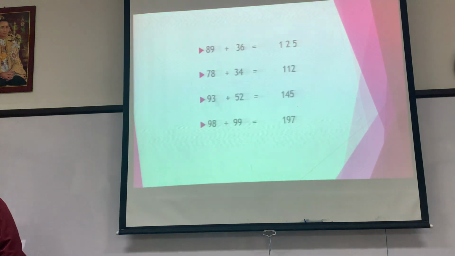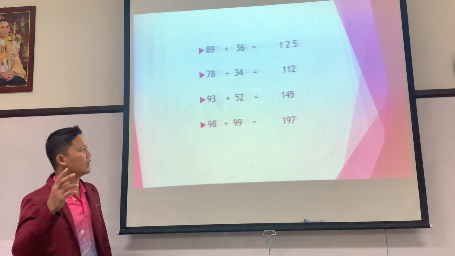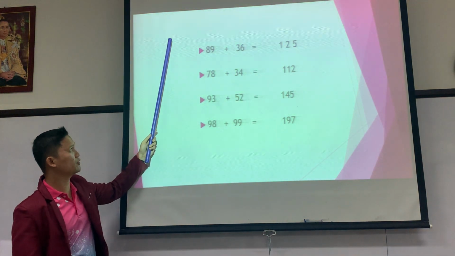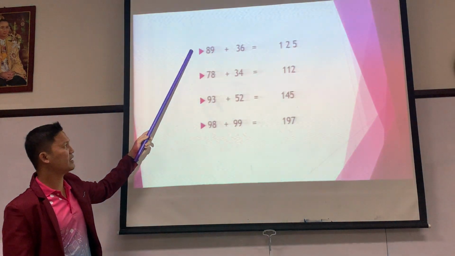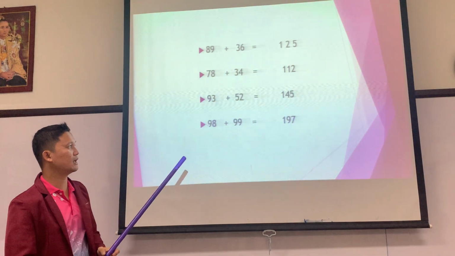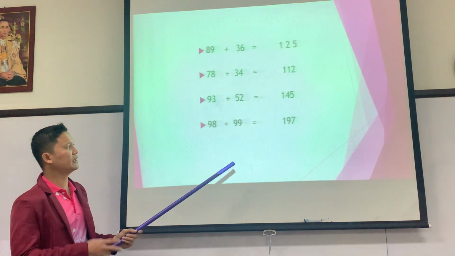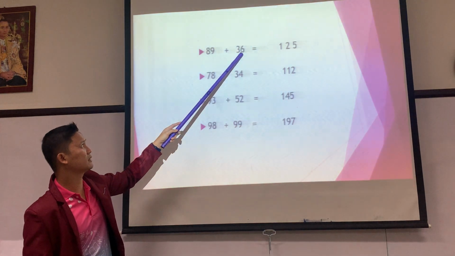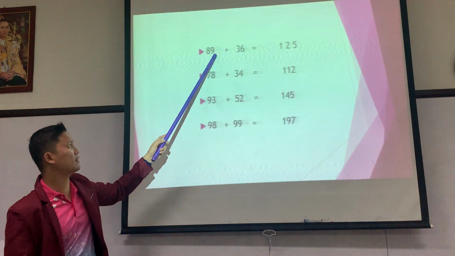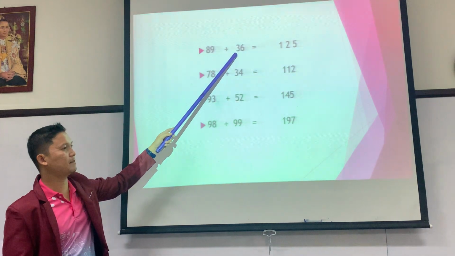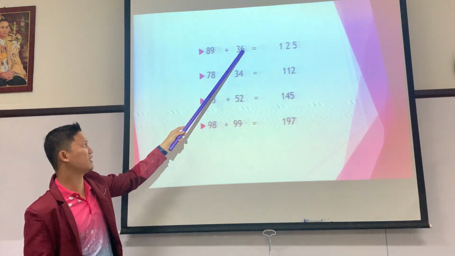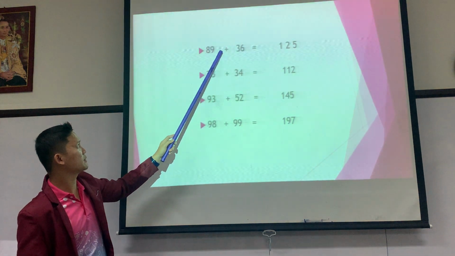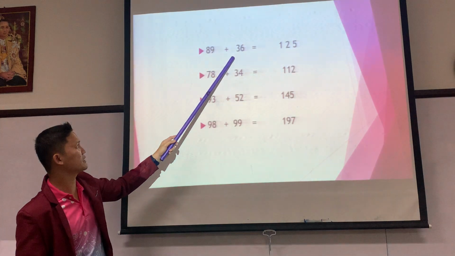Thank you very much for your listening at this time. But I'm going to show you that when we are adding two-digit numbers, we start from the first place, the ones number, like this: 6 plus 9, or 9 plus 6.